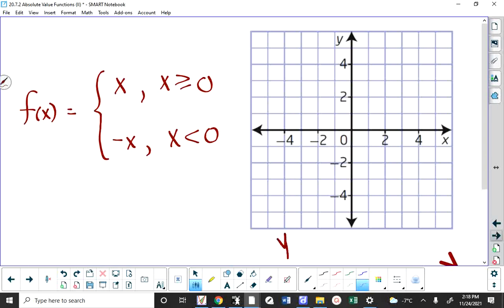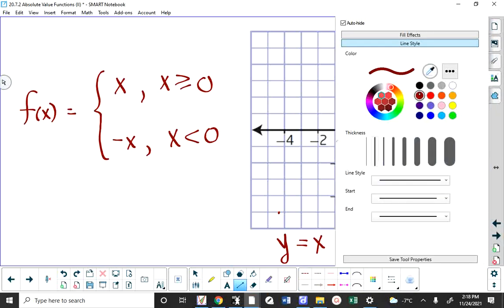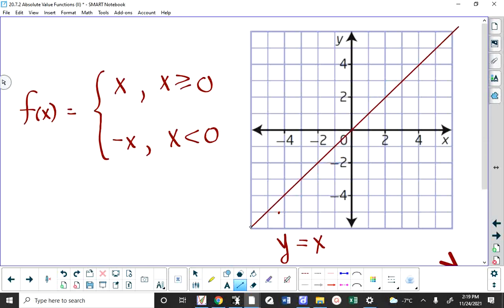But if I graph the function y equals x, that's a pretty easy function to sketch the graph of. That means 0, 0, 1, 1, 2, 2, negative 1.8, negative 1.8. It is going to be a line that looks like this.